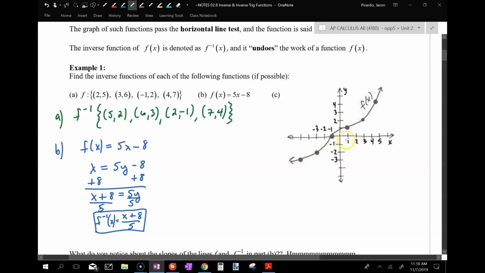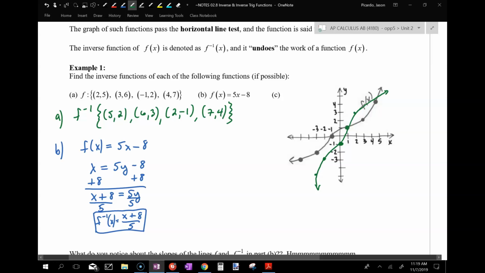If this point right here is -1, 0, I need to plot 0, -1. So I think that part looks pretty good. This part's got to stay. It kind of looks something like that, right?